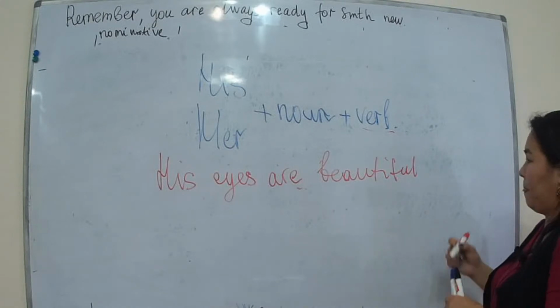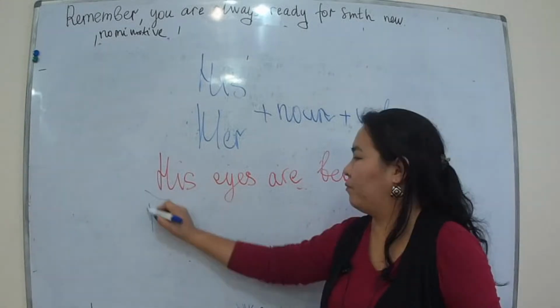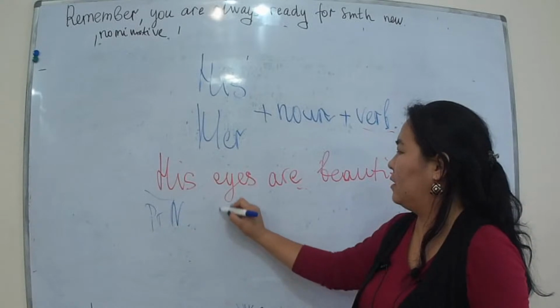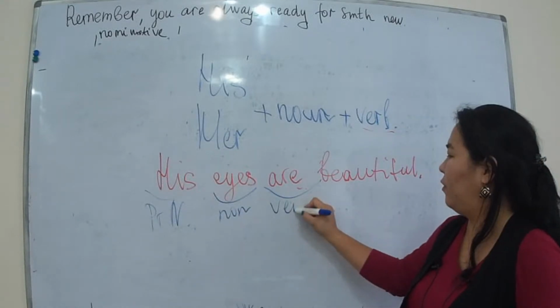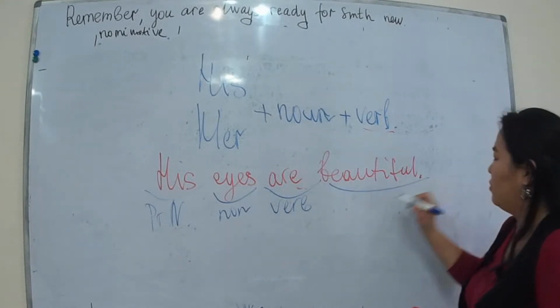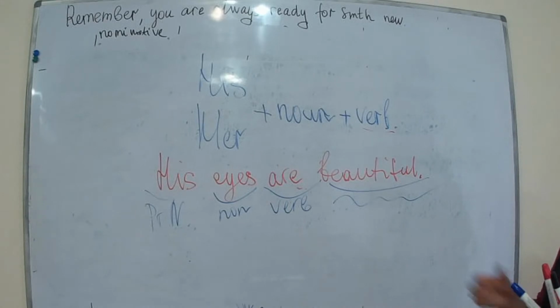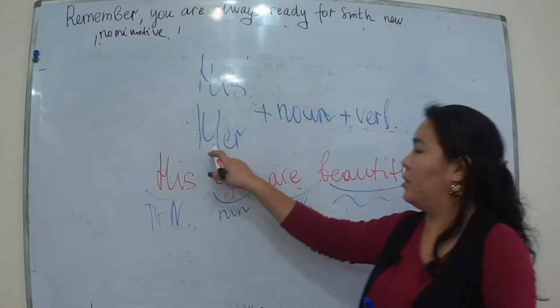Here it is pronoun. Eyes, it is noun. Are, it is verb. And beautiful, it is other part of the sentence.